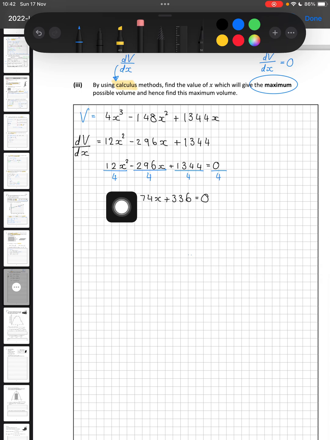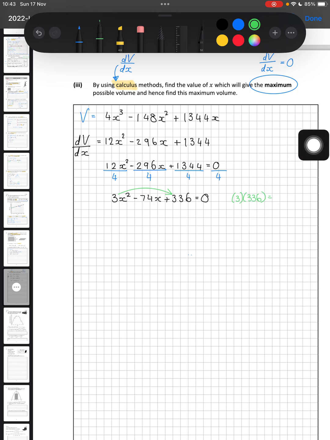I'm going to do it using our factorising. Okay, the number in front of the x squared is not 1, which means it is a slightly longer method of factorising where we multiply the last number by what was in front of the x squared. Okay, so instead of my factor pairs just of the last number, which we could do if this was a 1 in front of the x squared, instead of doing that, I have to multiply here 3 by 336.